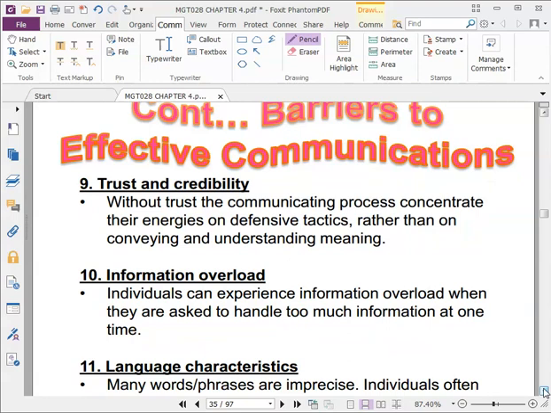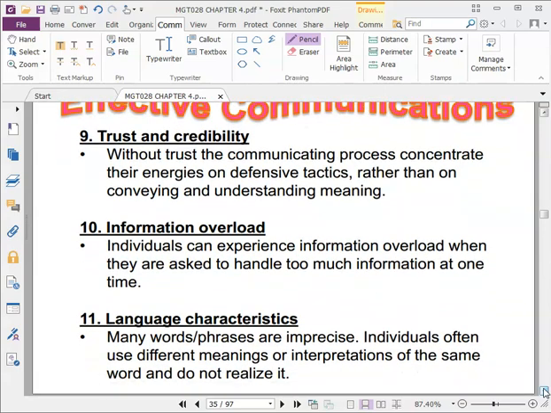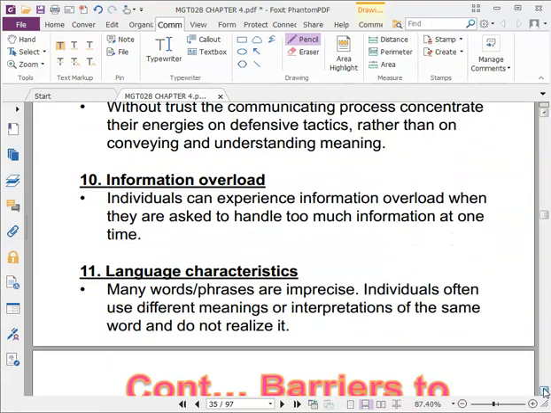Okay, number 10 is information overload. Terlalu banyak sangat. Too much information at one time. So contoh macam kelas, kalau kita discuss satu kelas tu sampai 3-4 chapter, so boleh menyebabkan you all jadi information overload. Okay. Then language characteristic.